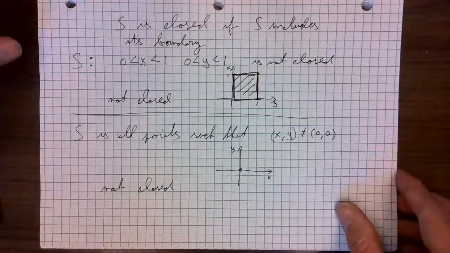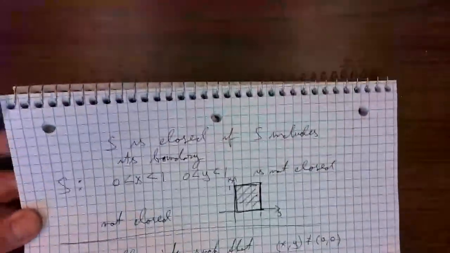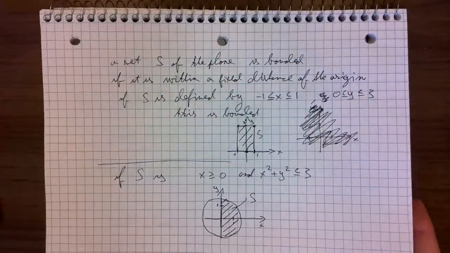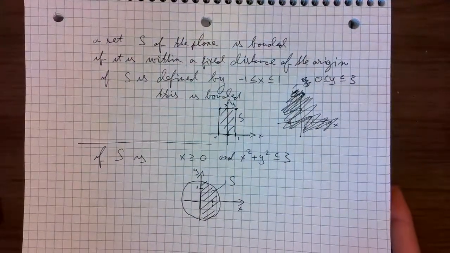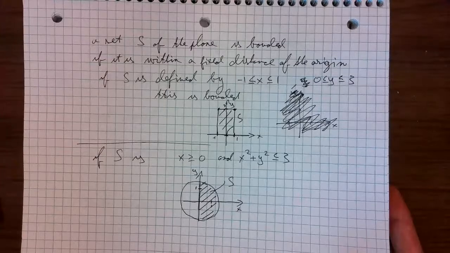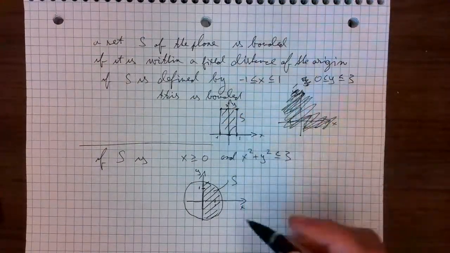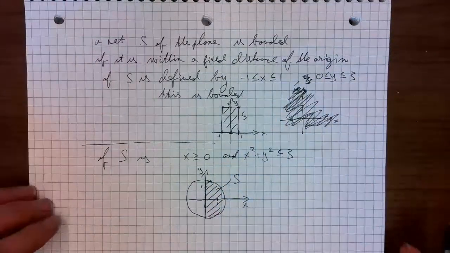By the way, the regions that we defined before, the two bounded examples, were both closed. They included the boundary over here, and they included the boundary over here.